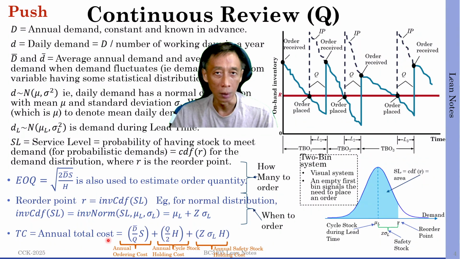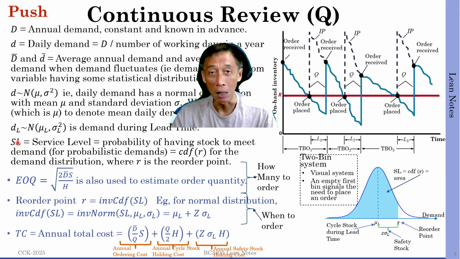So then what are we trying to do? We're trying to avoid stock out, and more appropriately, trying to manage the stock out. So in a way that, for example, we allow for a 5% chance to have stock out.